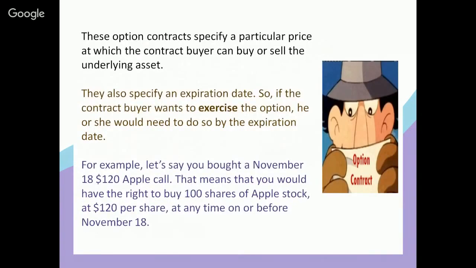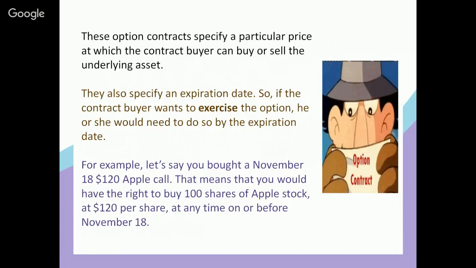These option contracts specify a particular price at which the contract buyer can buy, if it's a call, or sell, if it's a put, the underlying asset. They also specify an expiration date. You know how milk has an expiration date, or coupons have an expiration date? Yeah, so if the contract buyer wants to exercise the option, he or she would need to do so by the expiration date.